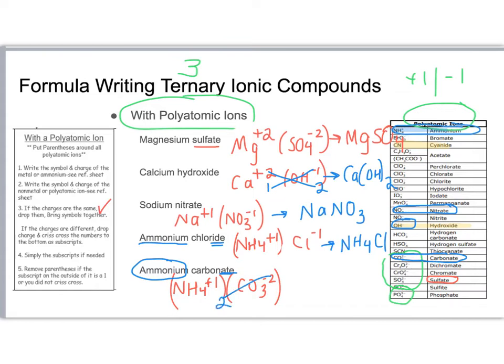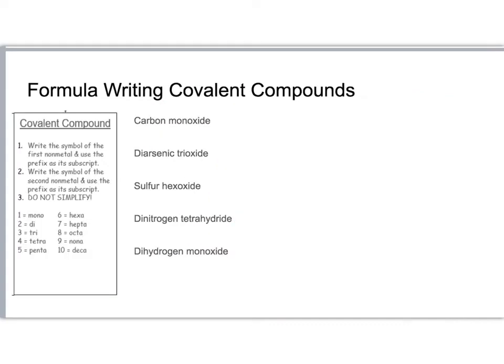I'm going to cross the numbers down, and in this case, I will keep the parentheses for NH4 because more than 1 is needed, but I will lose the parentheses for carbonate because I only need 1 carbonate to neutralize out 2 ammonium ions. The last set of formula writing that we will do will be for covalent compounds.